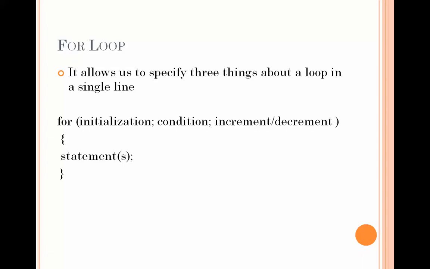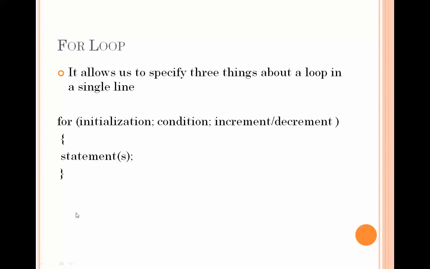As you know, a loop always has three things: initialization, condition, and increment or decrement. In a for loop, all these three things are specified in a single line.